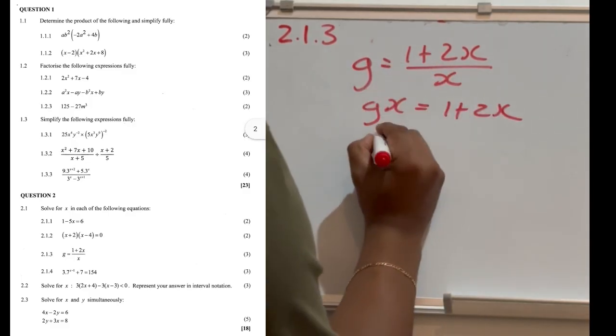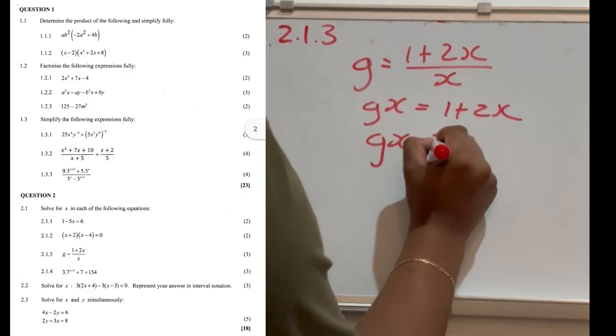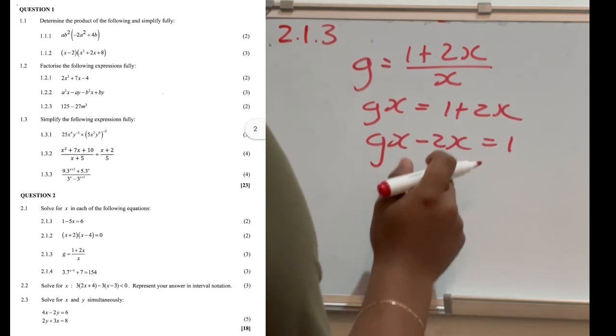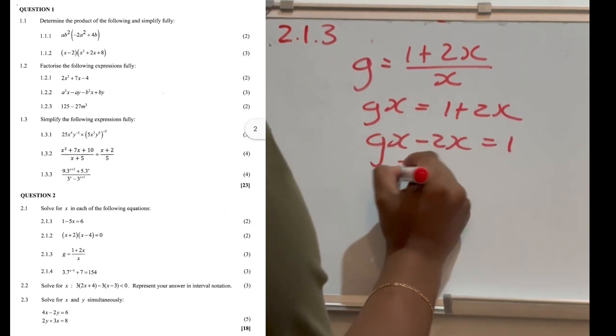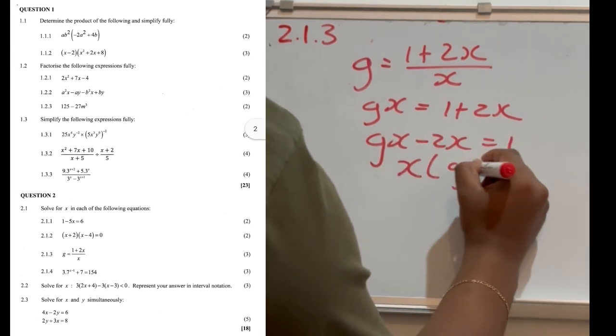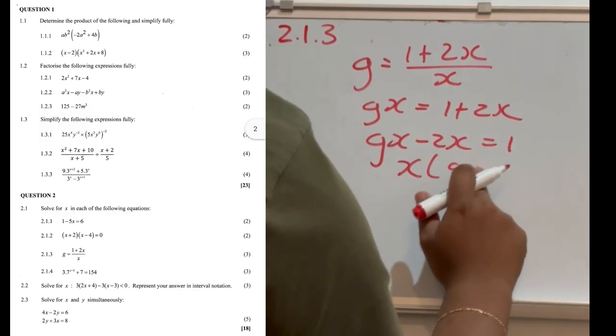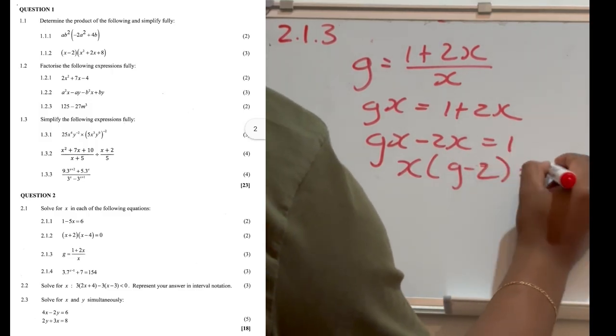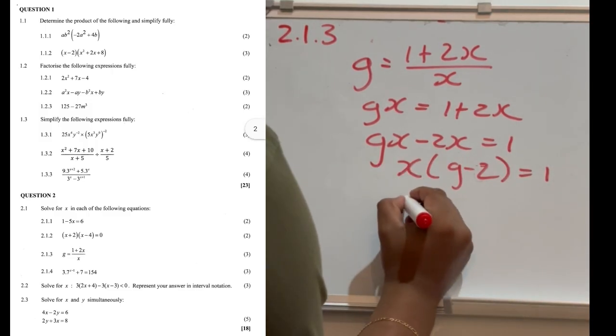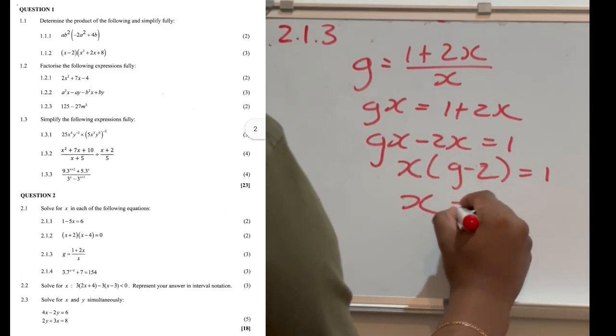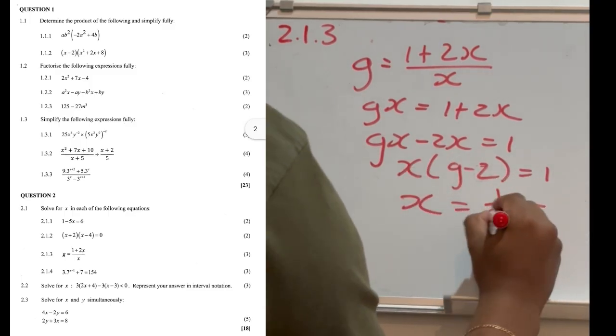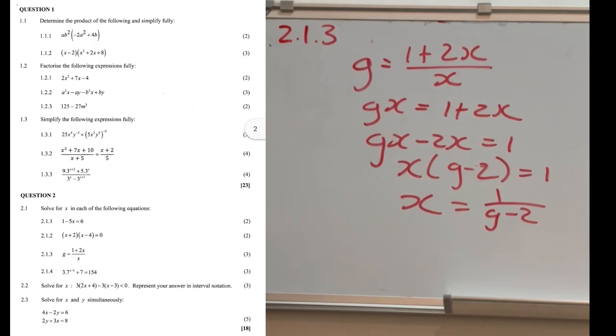Bring the 2x over, so then it's gx minus 2x is equal to 1. Take out a common factor, which is x. x times g minus 2. And to get x alone, you just divide both sides by g minus 2. Like that. So that will be your answer.